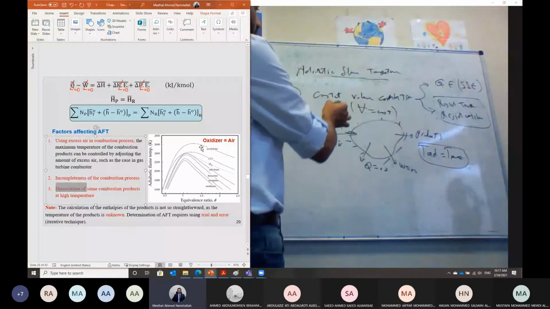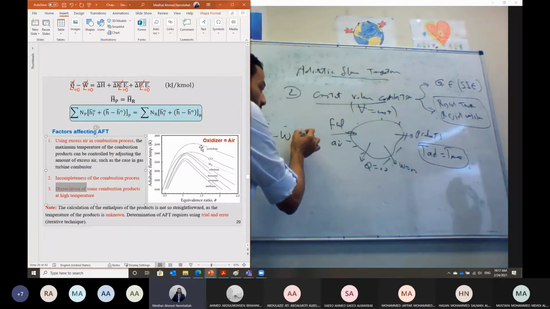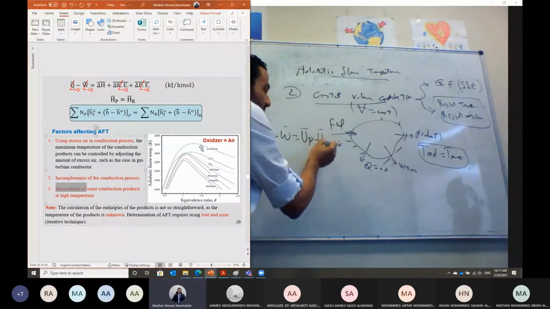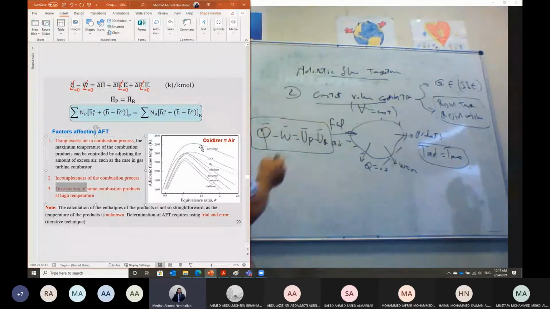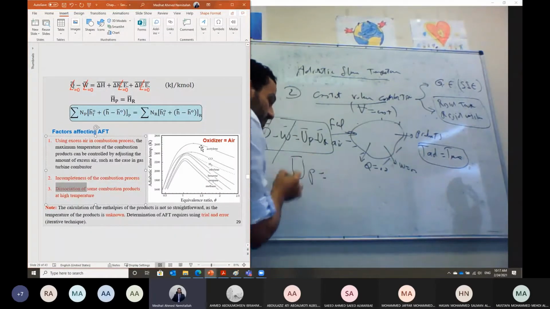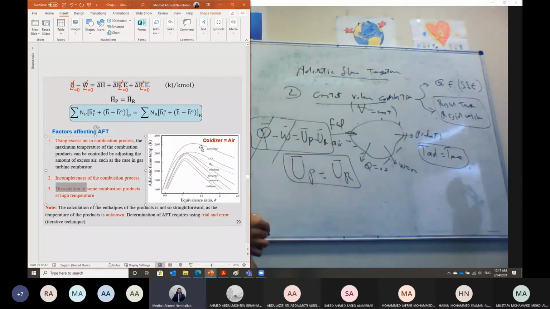But in the case of constant volume combustion, if you apply the first law of thermodynamics, as we proved last class, it should equal the difference between the internal energy of the product, U product, and the internal energy of the reactant. Here we don't have heat, it's adiabatic, and we don't have work. That means the condition for the adiabatic flame temperature is that the internal energy of the product should equal the internal energy of the reactant.